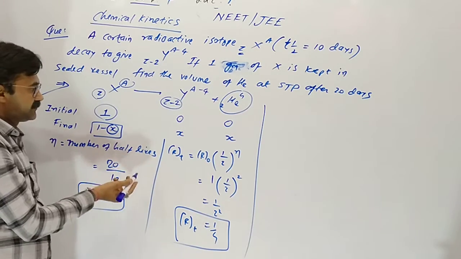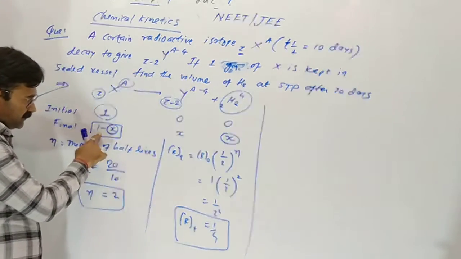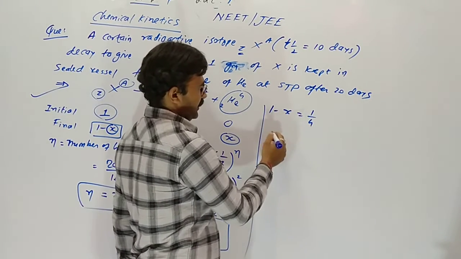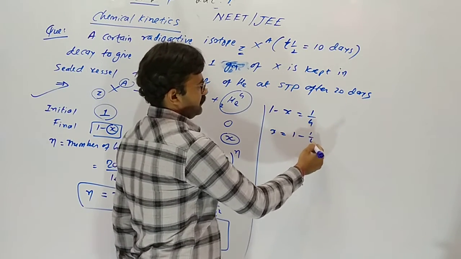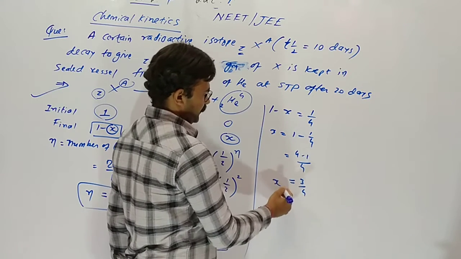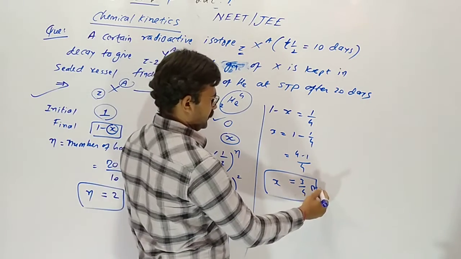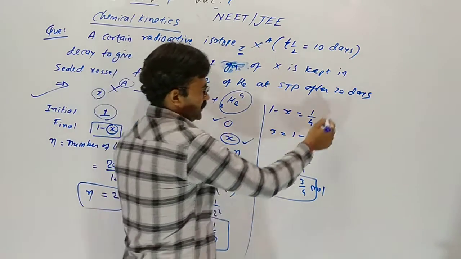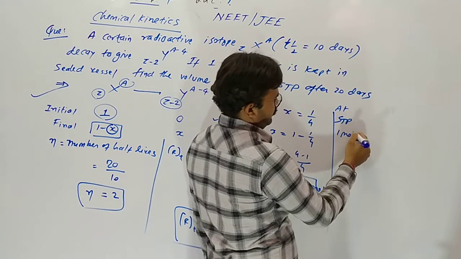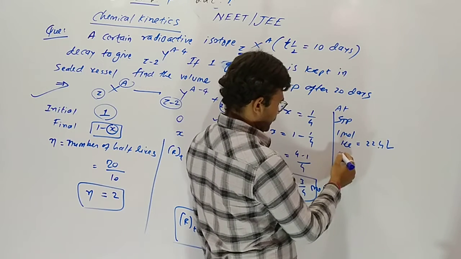So 1 minus x is 1 by 4. So x will be 1 minus 1 by 4, so it will be 3 by 4. So helium is 3 by 4 mole. Now at STP 1 mole helium is 22.4 liter.